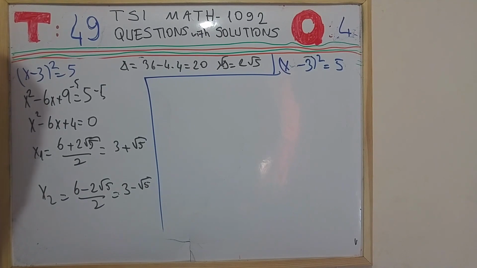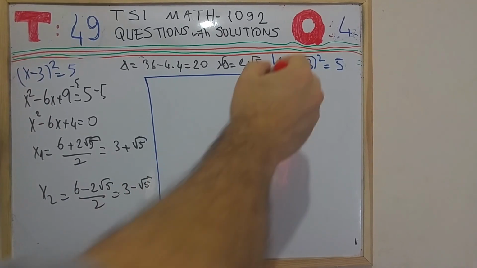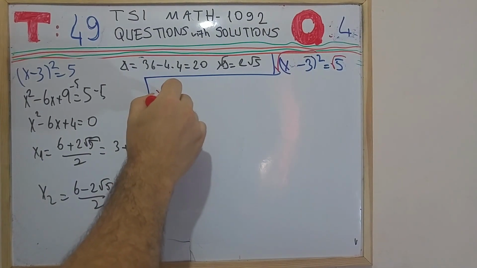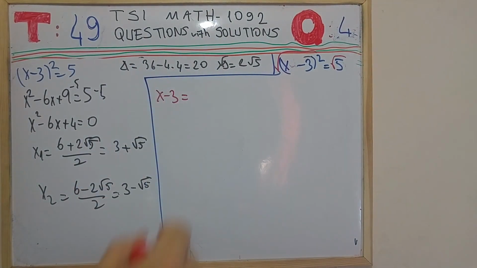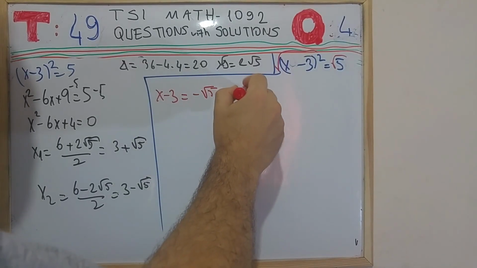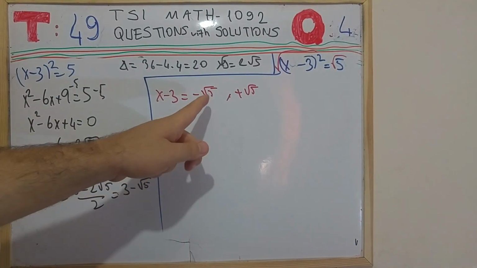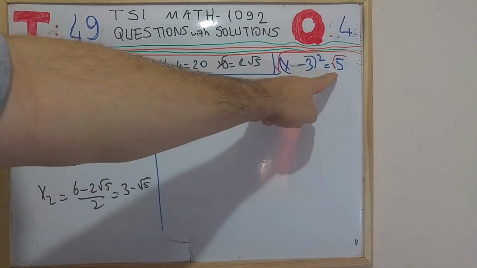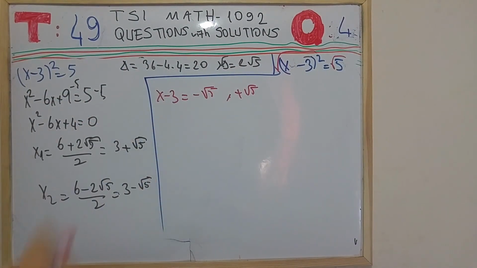If I take the square root of both sides at this point, what I have is x minus 3 is equal to either minus square root of 5 or plus square root of 5, since when I take the square of both numbers, I would reach 5. So I have now two equations.